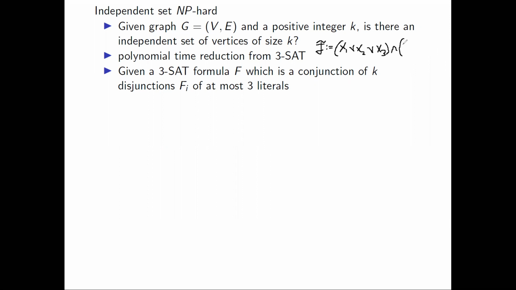So let's make it not x2 or x3 or not x4. Okay. So we have x1 or x2 or x3, and not x2 or x3 or not x4. So the number of disjunctions, we have k equals 2, a conjunction of k disjunctions. And here's our F1, here's our F2. And each of them has at most 3 literals.